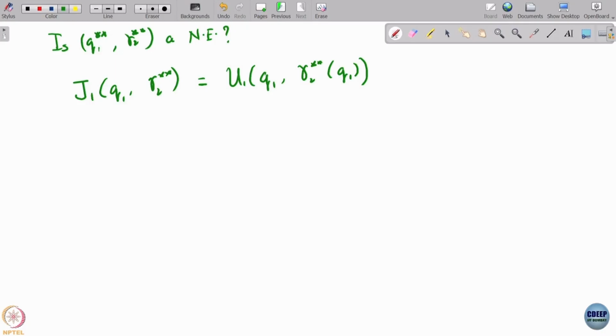This is the payoff of player 1 when he plays some quantity Q1. So what he wants to do is maximize this over Q1, right.